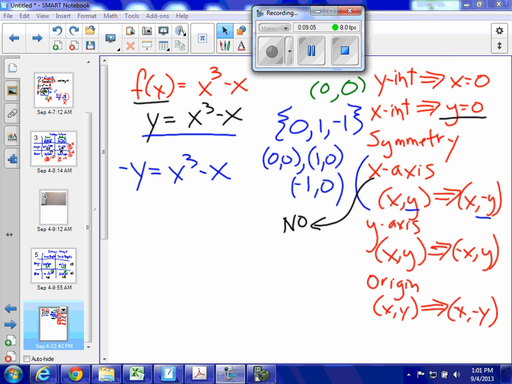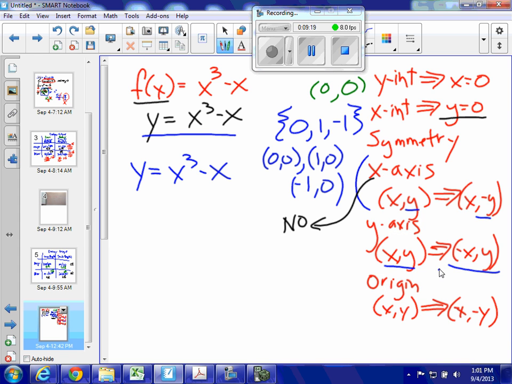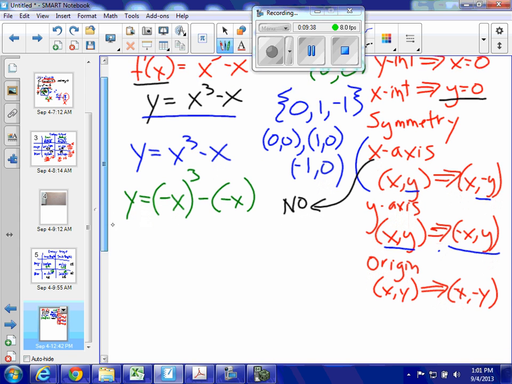How about y-axis symmetry? Well, y-axis symmetry is where, for every x and y, my x's can be negative. Well, I can test that out too. Let's erase the -y here. Okay. So I have y equals, parentheses. Use parentheses. It will help keep it clear. Negative x cubed minus negative x. Yes, you could probably do this one in your head, but it's much better to use parentheses.